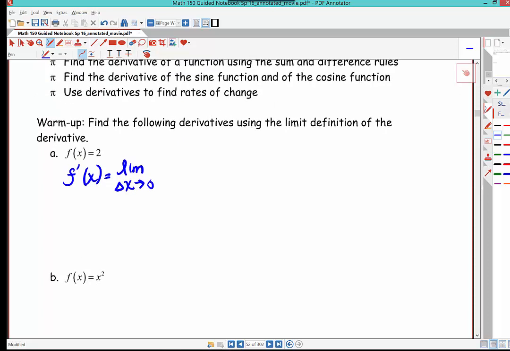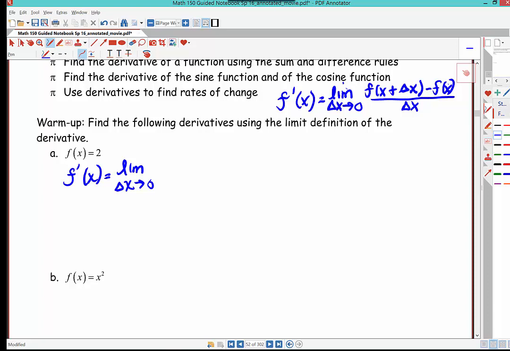Let's write it out at the top. Remember, the general rule for f prime at x was the limit as delta x approaches 0 of f at x plus delta x minus f at x all over delta x.